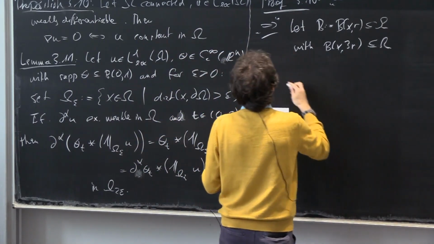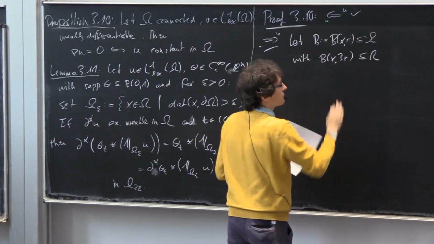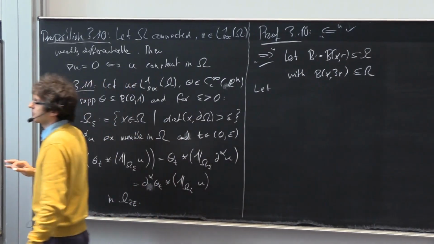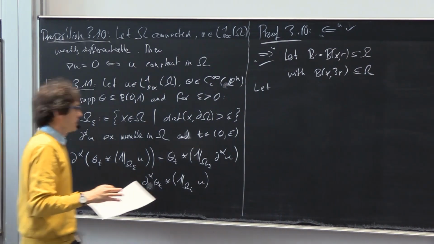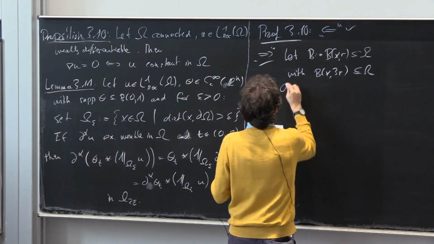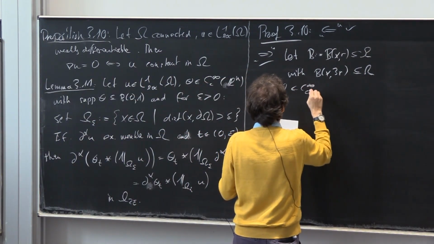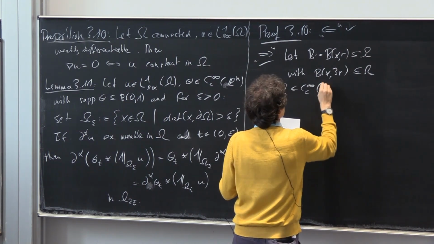And we will just, for the moment, only look at balls of this sort. So balls in omega that, if you triple the radius, still stay in omega. Okay, and then choose again some nice test function to create a modifier.